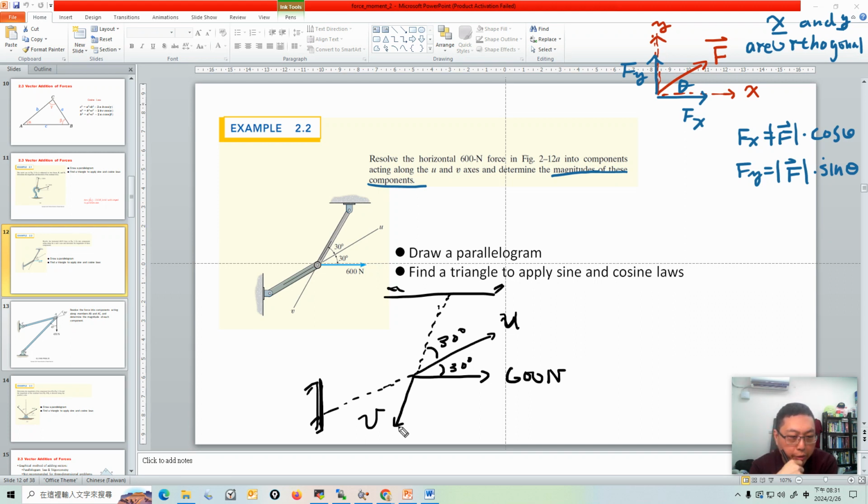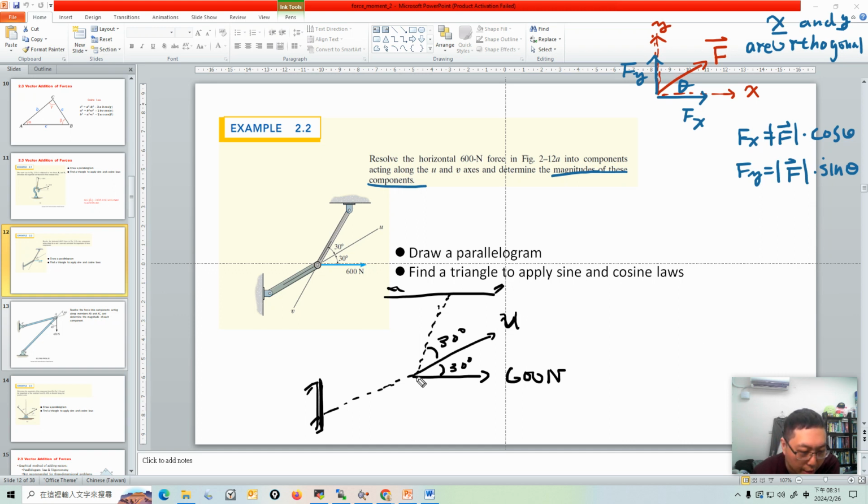First we draw, as before, a parallelogram. Maybe this is a little too long, let me reduce it a little bit.